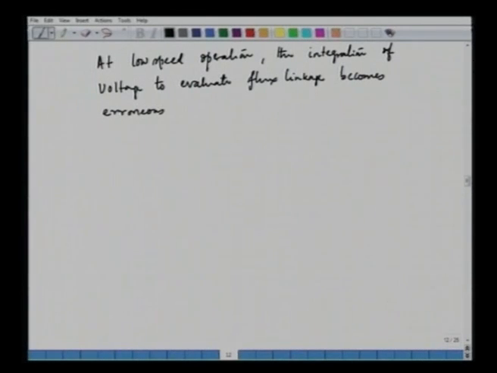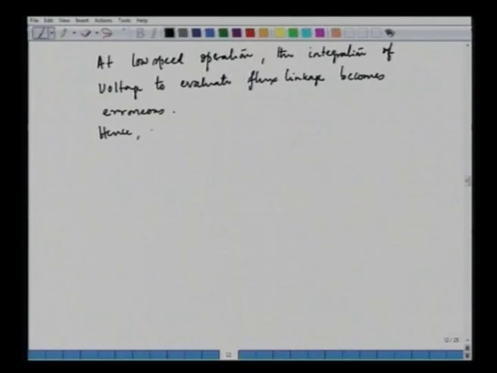At low speed, the voltage becomes small and comparable to the offset of the integrator, and then the integrator becomes erroneous, and if the integration is not correct, the flux linkage will also be incorrect, and hence we can't get a good estimate of the flux at low speed. Due to this, this method is applicable for a speed higher than 10% of the base speed.